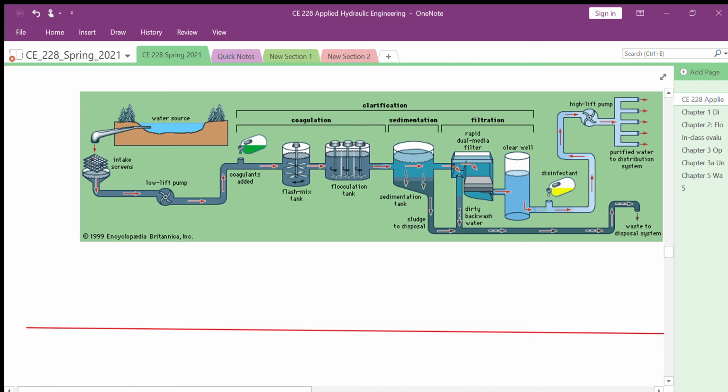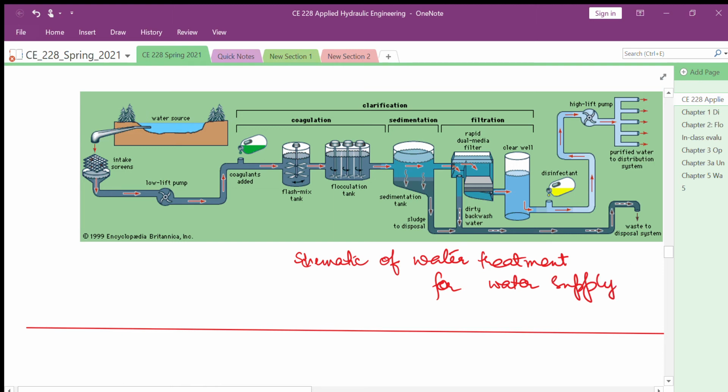So this figure here shows a schematic of water treatment for water supply, particularly municipal water supply.